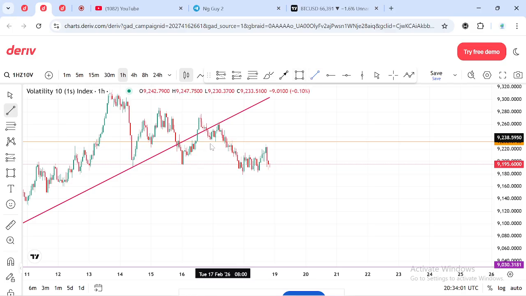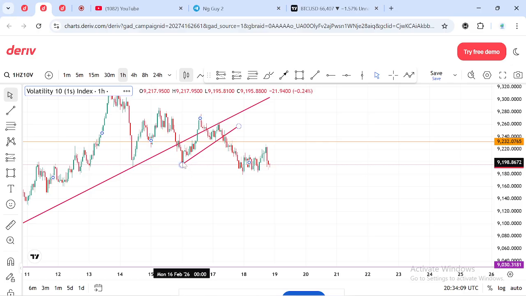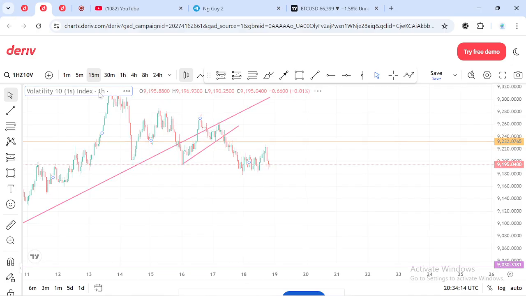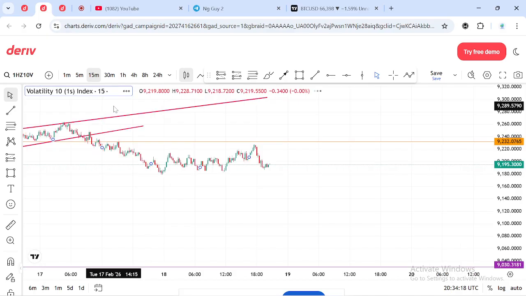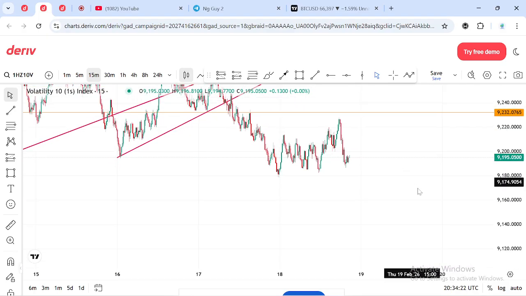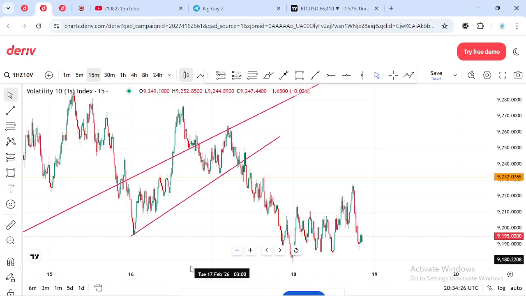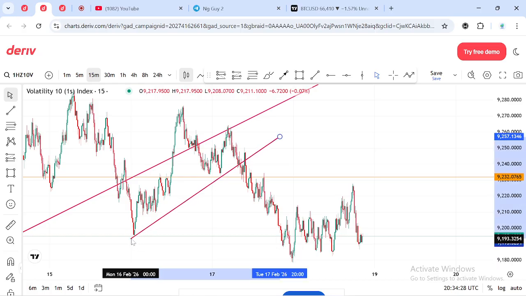I have a running trade on a sell here. I got it using this zone here, this trend line zone. I used a smaller trend line, so I use that to get my sell in alignment with resistance points. Now, when you are trading on a live account, you have to make sure you are going down to the smaller time frame to pick something that will help you get very minimal retracement, and that is what I did.